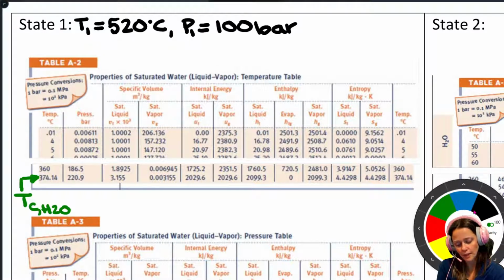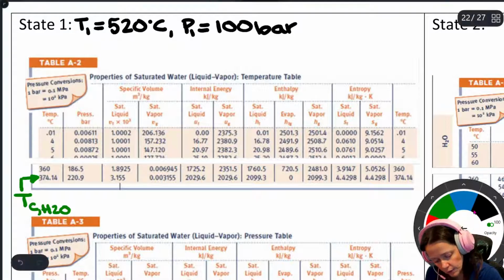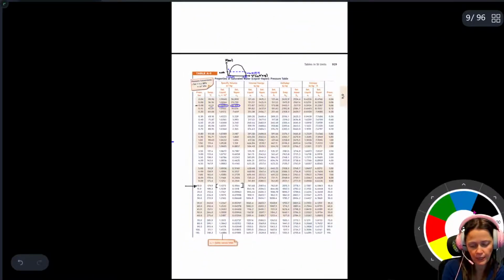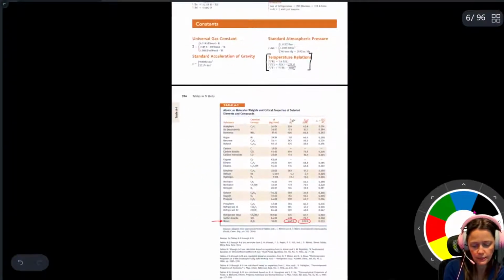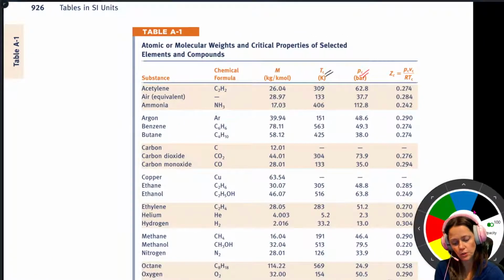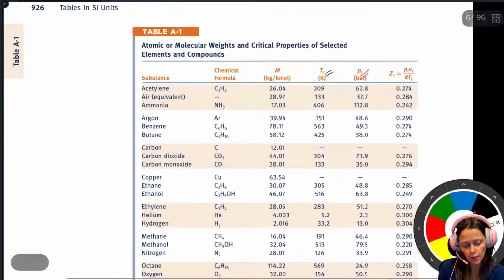And in fact, if you look in table A1, you see that you do have the critical temperature, that's the temperature at the top of that dome, and then the pressure at the top of that dome is called the critical pressure.